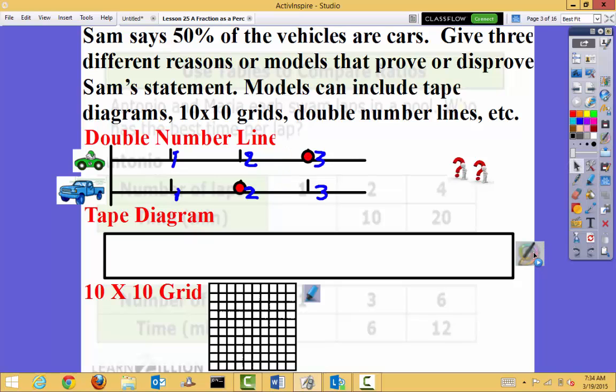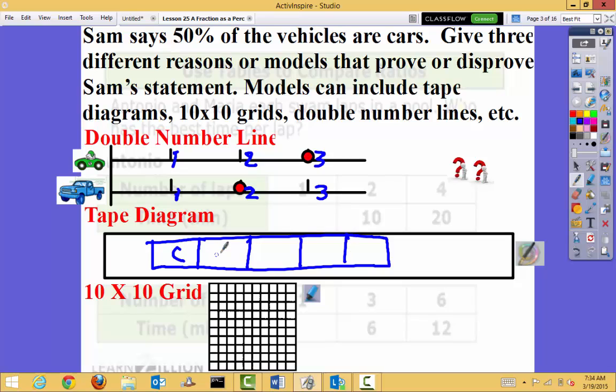Let's look at my tape diagram. Well, my tape diagram, how many parts do I have? I have 5 total parts. 1, 2, 3, 4, 5. This is a car, car, car, truck, and truck. And if it's 50%, where should it be? My left side should equal the right side.